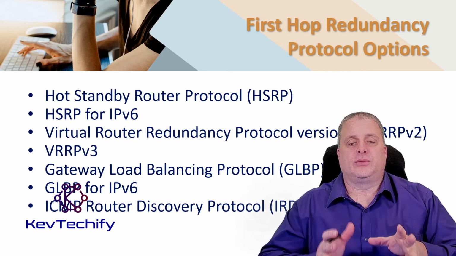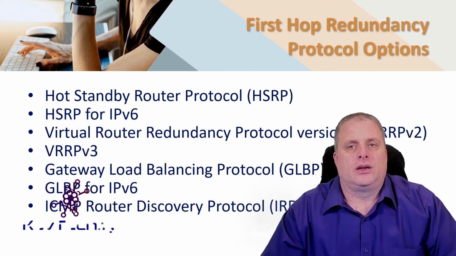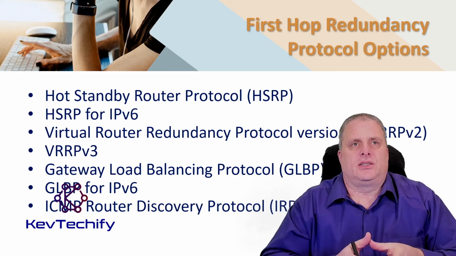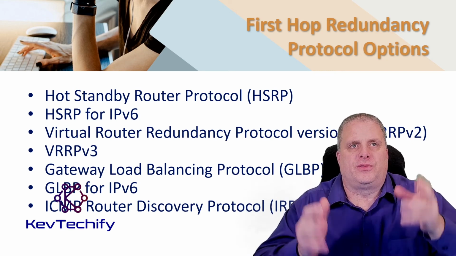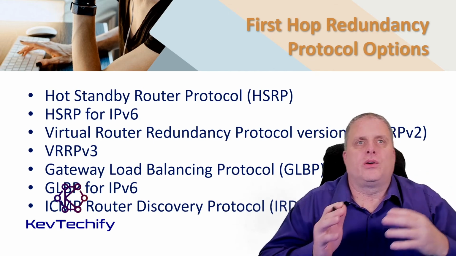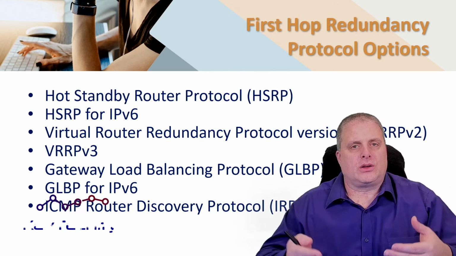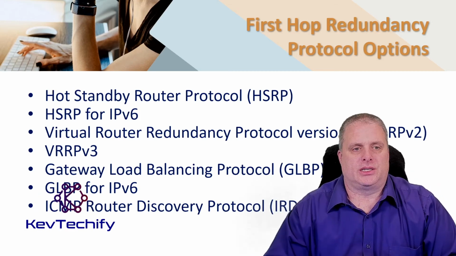Gateway Load Balancing Protocol is another Cisco proprietary protocol. What this does is it protects traffic from a failed router or circuit, and it also allows for load balancing between the connections.